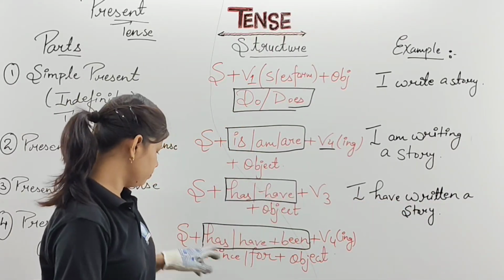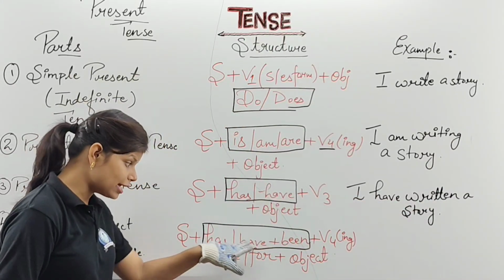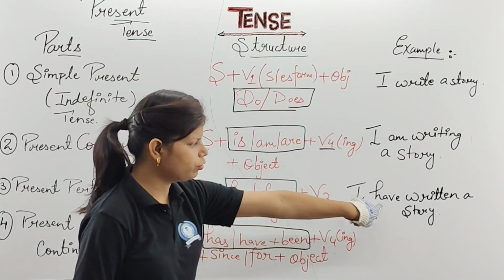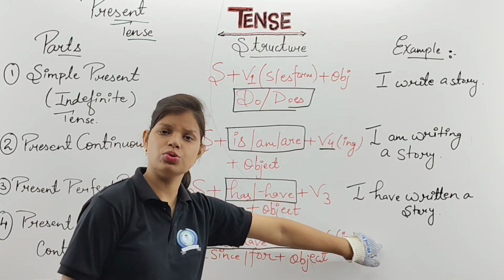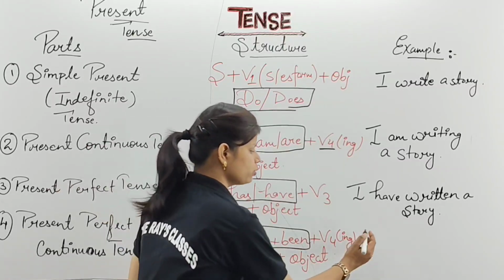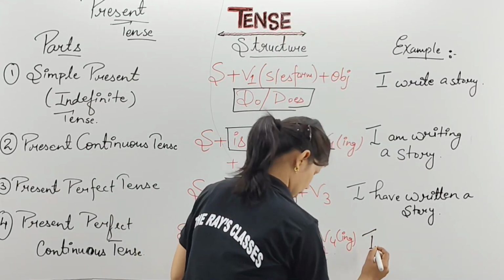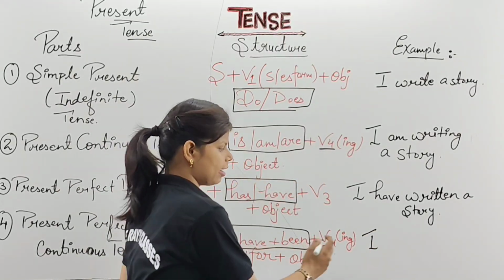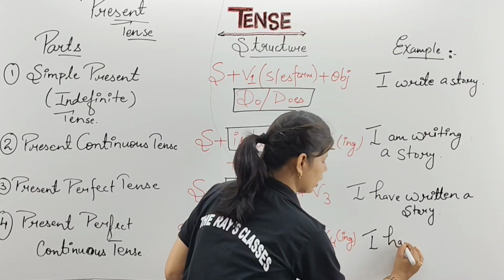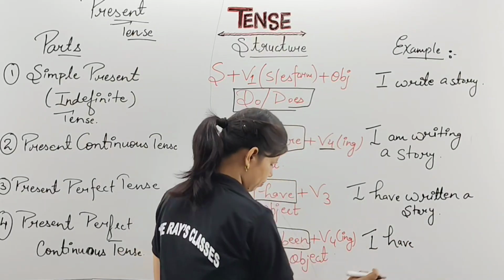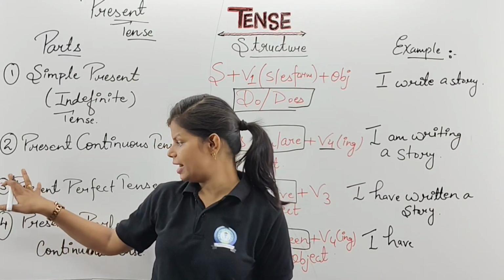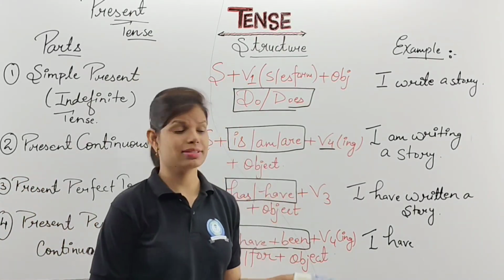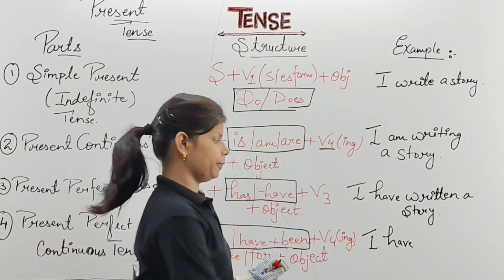Understood? Now here, along with the subject you have to use has or have plus been. Already you have used have here as a helping verb. So which helping verb are you going to choose with I? Along with that you have to use have, because with I we are using have. I have. Then what is your next step, which is going to distinguish present perfect from present perfect continuous? That will be your been.